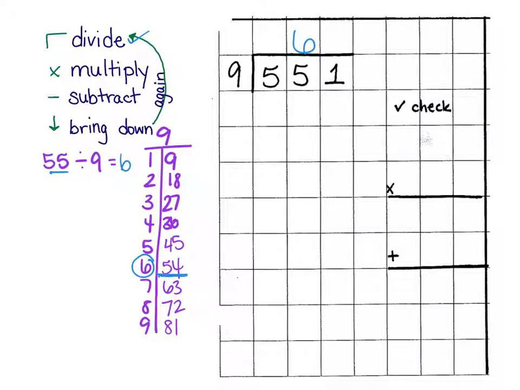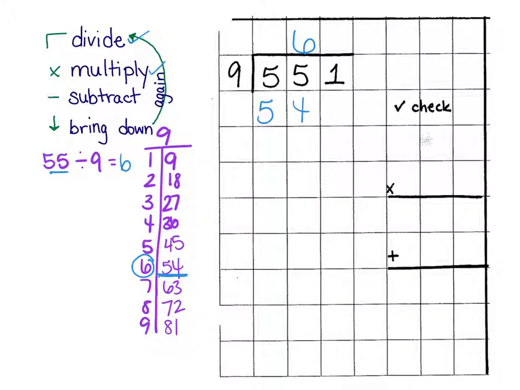Now we multiply. 6 times 9 is, so then we look here, 9 times 6 is 54. So we write 54 underneath. Now we've multiplied. Now let's subtract.